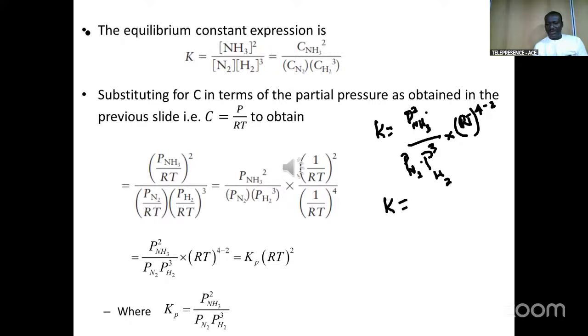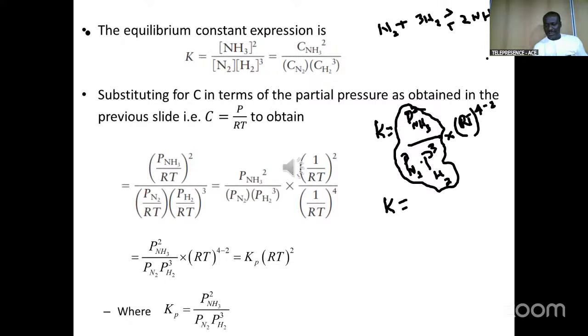Now, all the terms here are in terms of partial pressure. And of course, it reflects the stoichiometry of the reaction, because don't forget the equation is N2 plus 3H2 going to 2NH3.